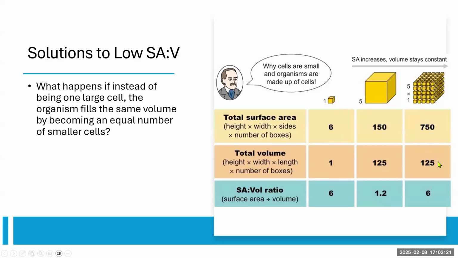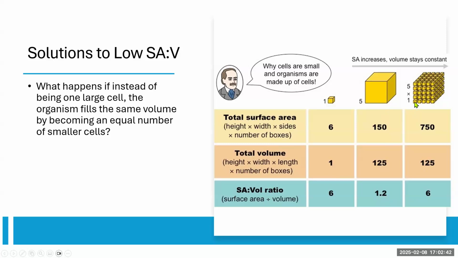Its volume remains 125, which is the same as this cube here. And the surface area to volume ratio is 6:1, which means that it's almost 6 times as large as what it would have been if it was only a single cell, which is 1.2, right?